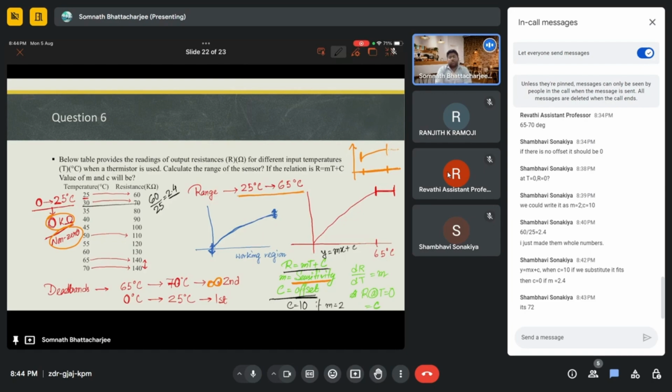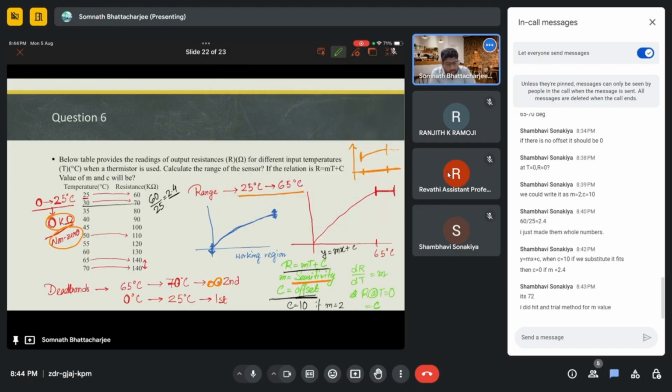Let's take another 2-3 minutes maybe. Then I will explain this. Or maybe I can simplify a bit. The value was change in output with respect to change in input, not this.